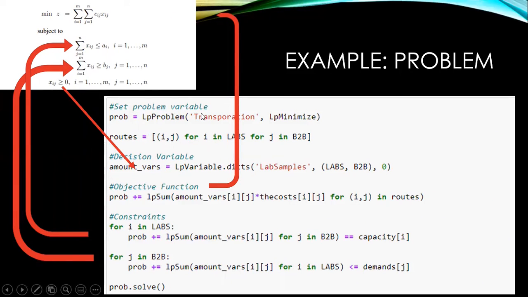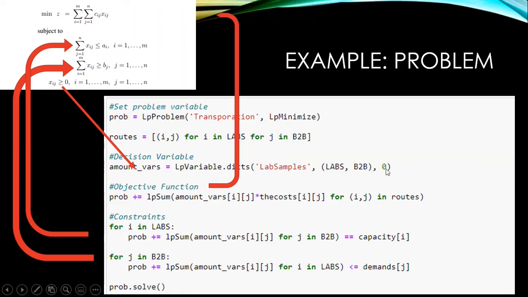Then we set up our problem. First of all, we name our problem, and it is a minimization problem. These are the routes from each source to each destination, for all labs and all business-to-business locations. This is the decision variable, the xij variable, and it should be more than or equal to 0.